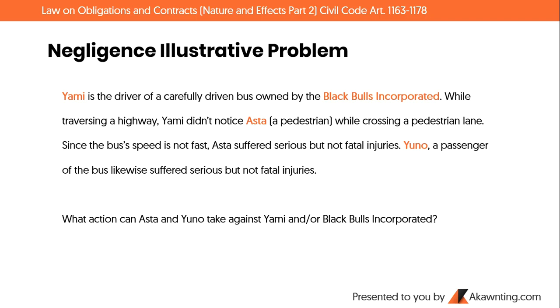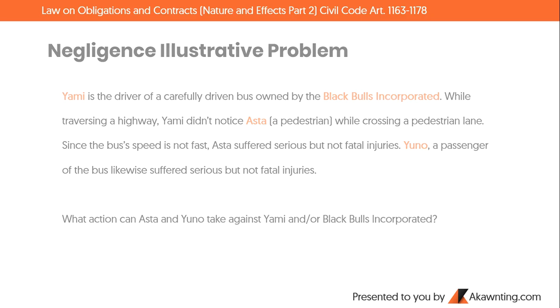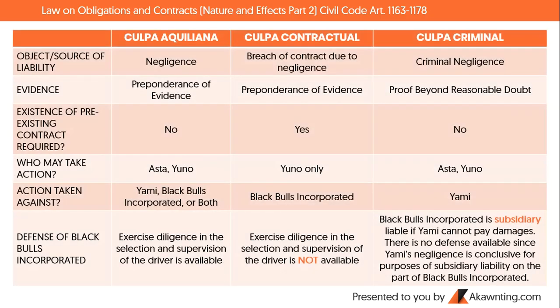So, next slide, we'll have a table that shows the different types of negligence, which are culpa aquiliana, culpa contractual, and culpa criminal. So, in our last video, we mentioned those three, but not in details, okay?